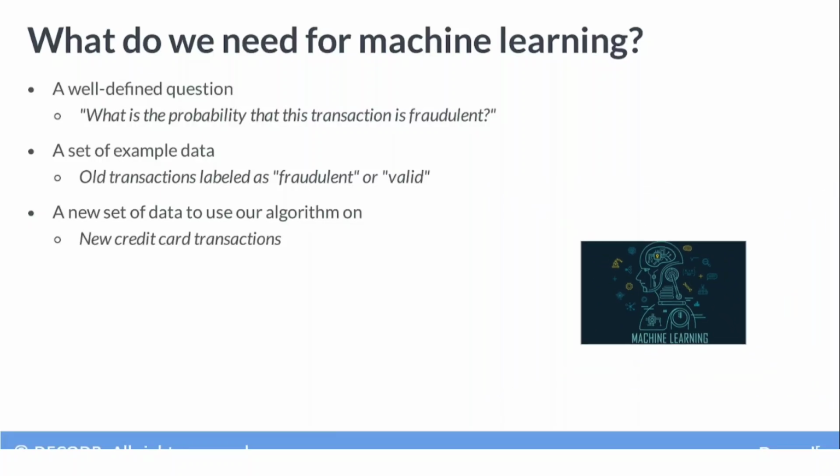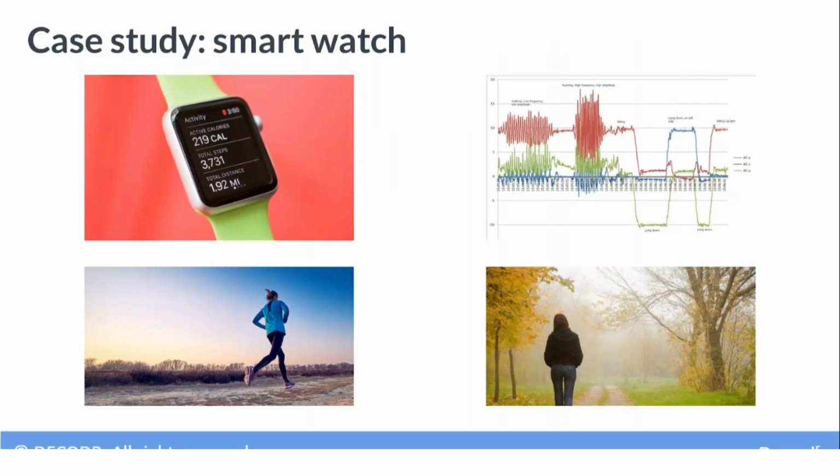fraudulent or valid. Now, suppose you are trying to build a smartwatch to monitor physical activity. So you want to be able to auto detect different activities such as walking or running. So your smartwatch is equipped with a special sensor called an accelerometer that monitors motion in 3 dimensions.